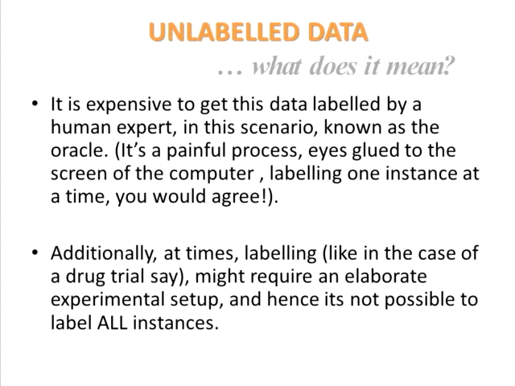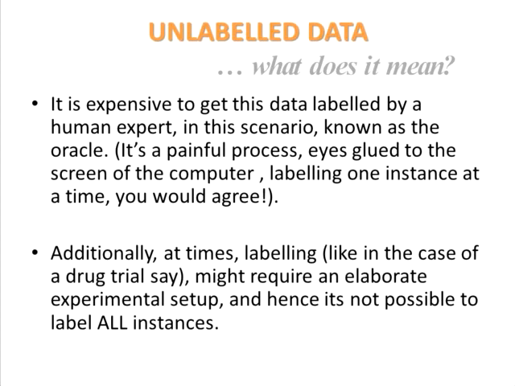Because all this unlabeled data is, as I said, expensive to get labeled, not just by human beings, but also at times it's expensive to carry out certain experiments that assign a label to it.